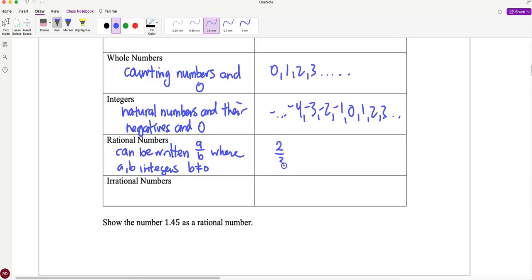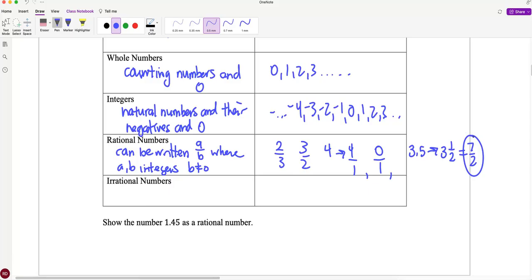So 2/3, 3/2, 4, because 4 can be written as 4 over 1. 0 can be written as 0 over 1. Okay, so these are your rational numbers. Any fraction that can be written as a fraction of integers. If I write 3.5, remember that's 3 and 1/2, which is 7/2. So 3.5 is a rational number.